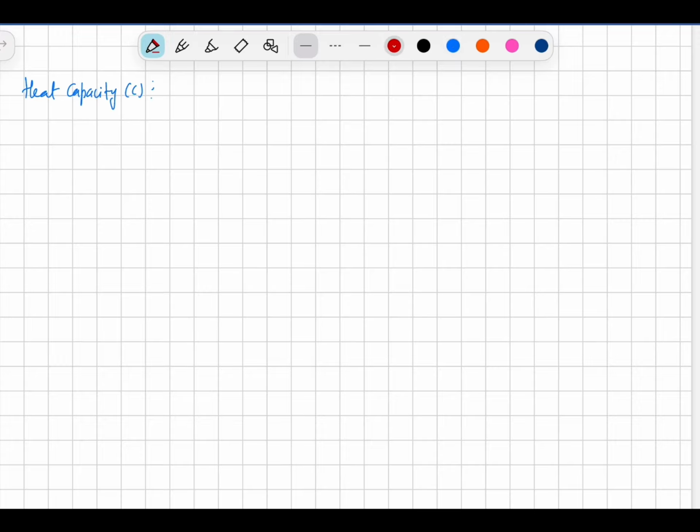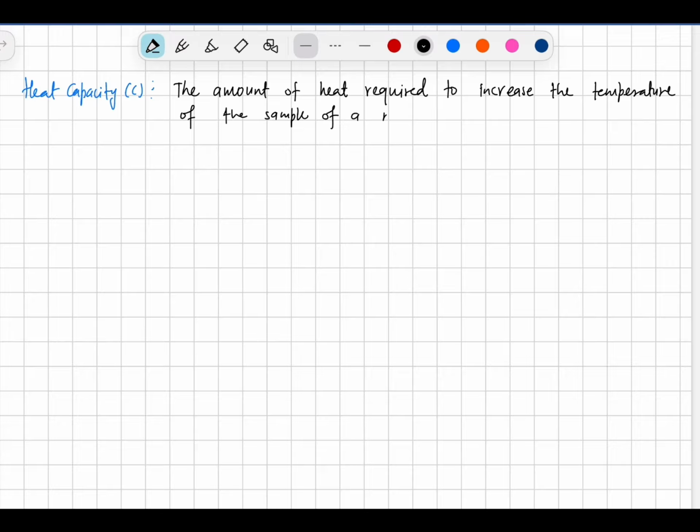It is the amount of heat required to increase the temperature of any sample of a material by 1 degree Celsius or 1 degree Kelvin, doesn't matter, but not Fahrenheit. It's called heat capacity.